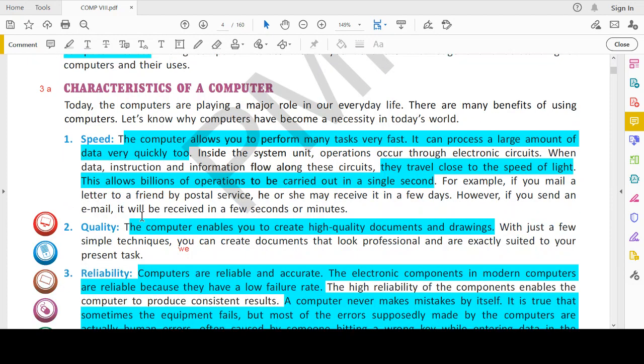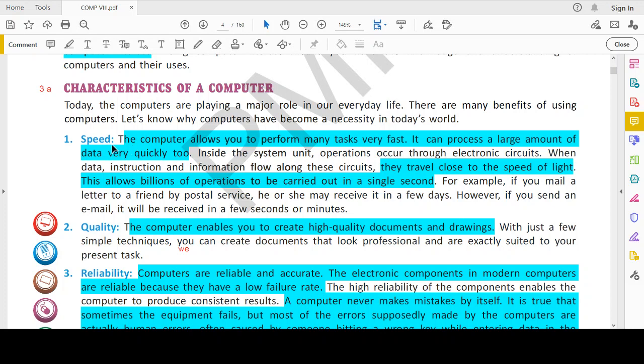Next comes the characteristics of a computer. Due to certain characteristics, computers have become a very popular and integral part of our day-to-day life. So what are the characteristics that made computers an integral part of our life? It is the speed.